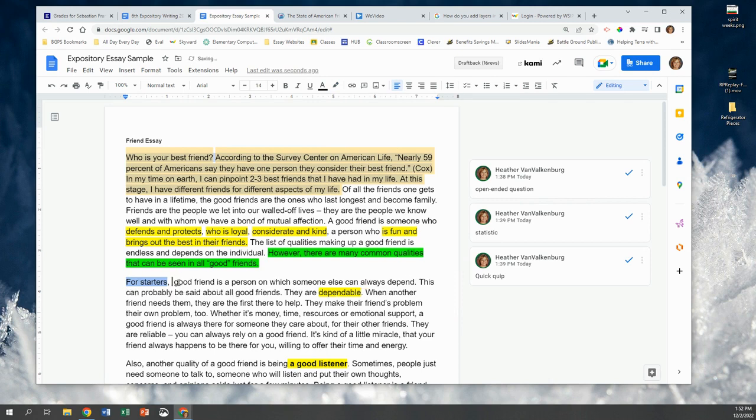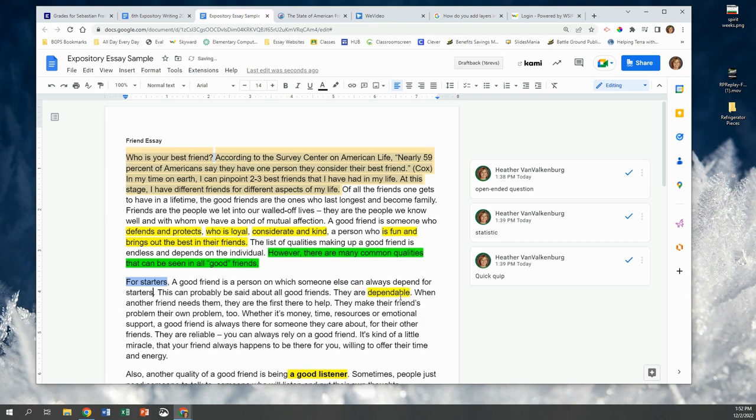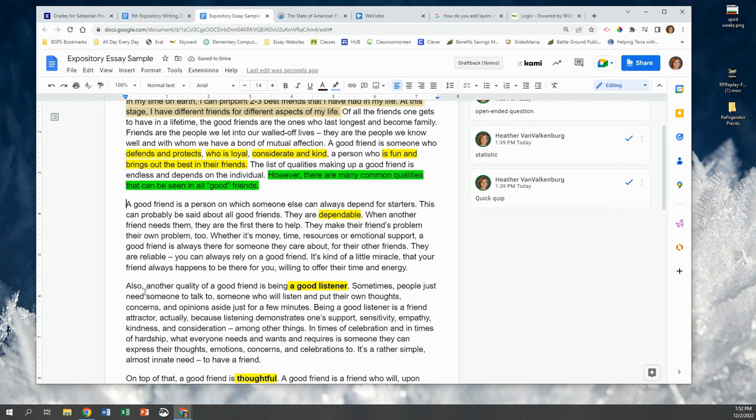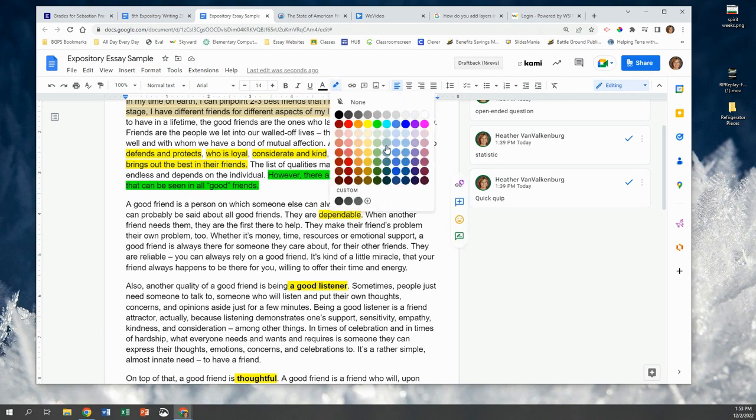So I might just do some changing right here. A good friend is a person on which someone can always depend, for starters. Sometimes it means you can just flip it and put it at the end instead of the beginning. Of your 3 transitions, or your 4, there's a transition that's going to go into introducing your first aspect.